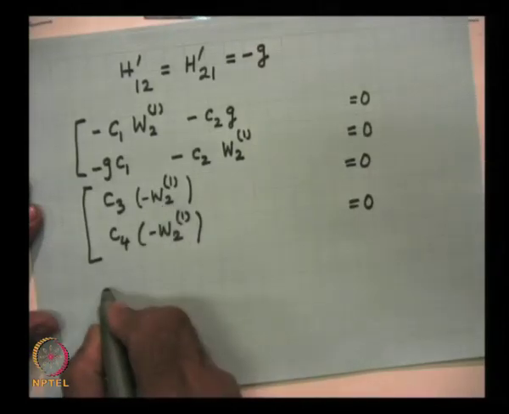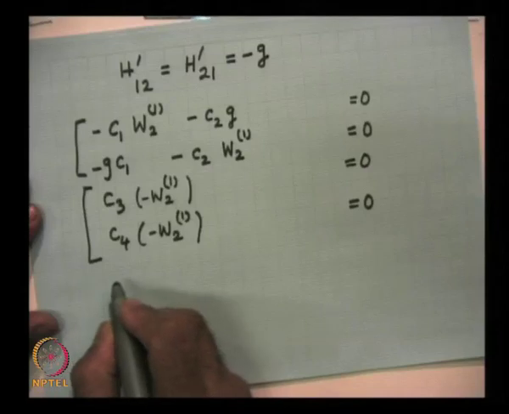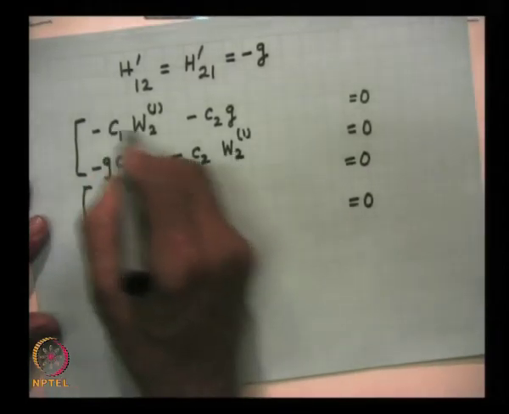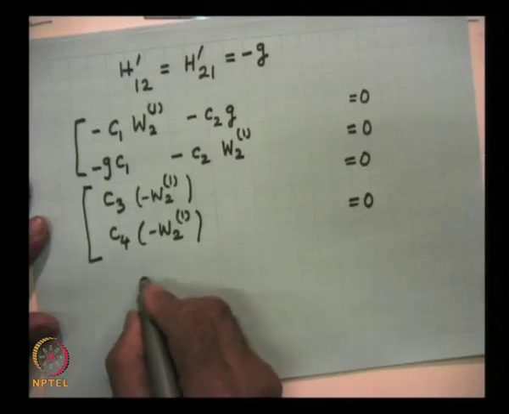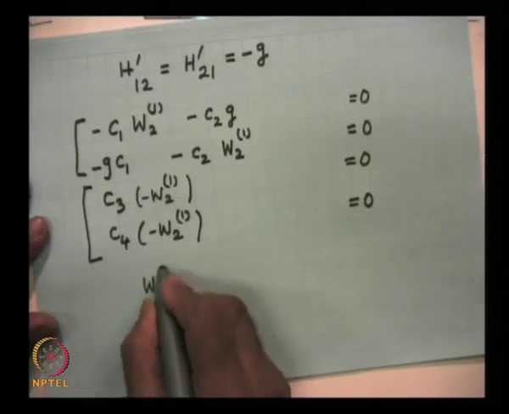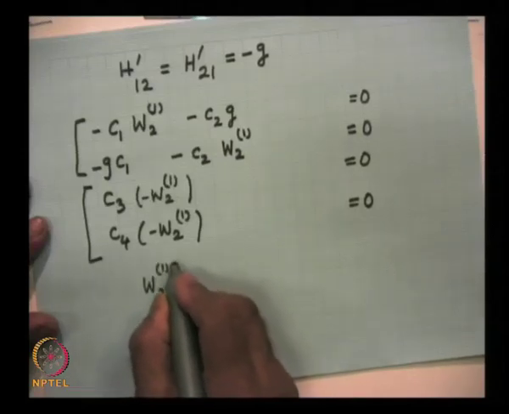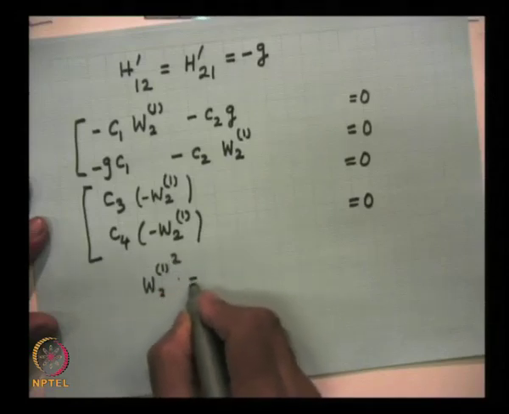So, the first two equations tell us that W21 square is equal to G square.